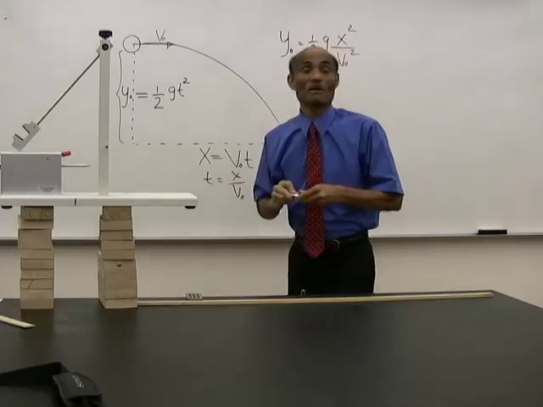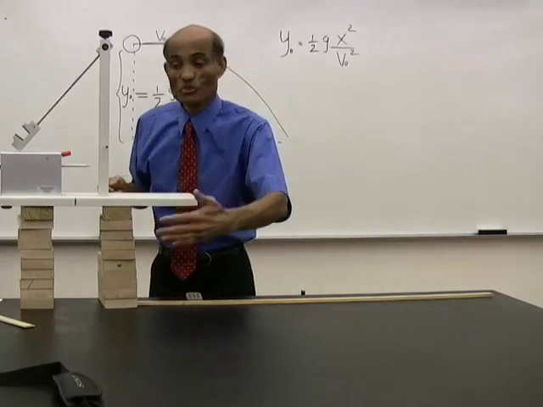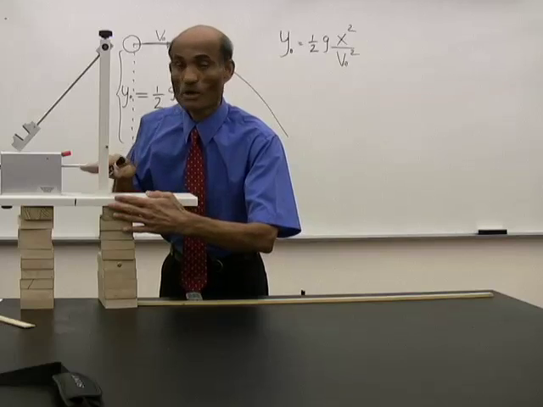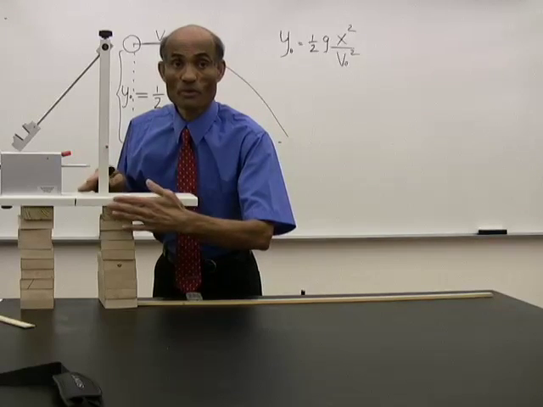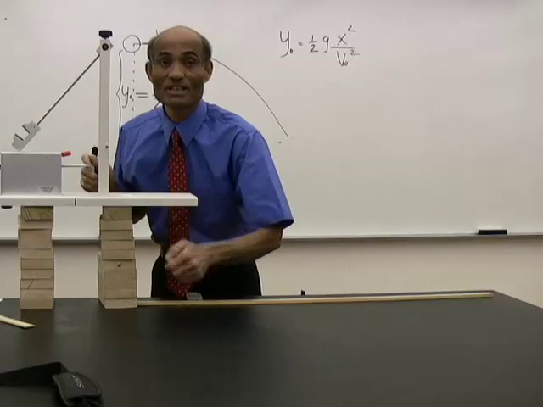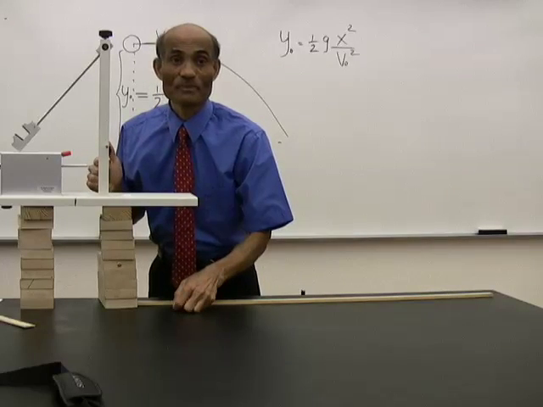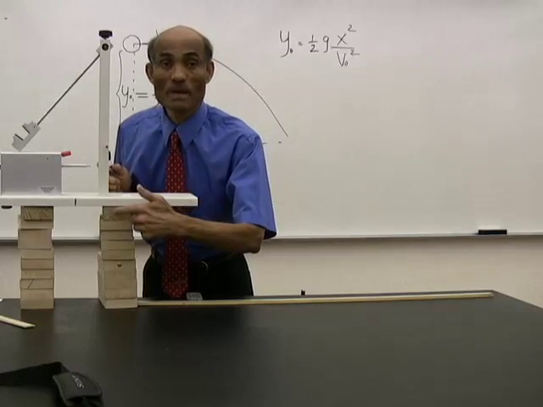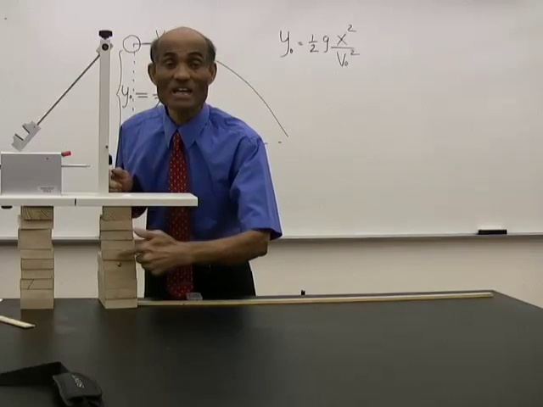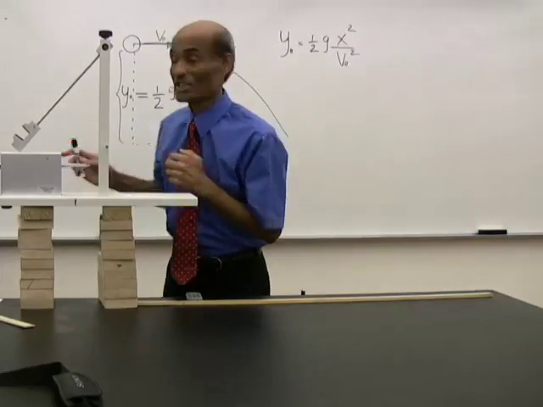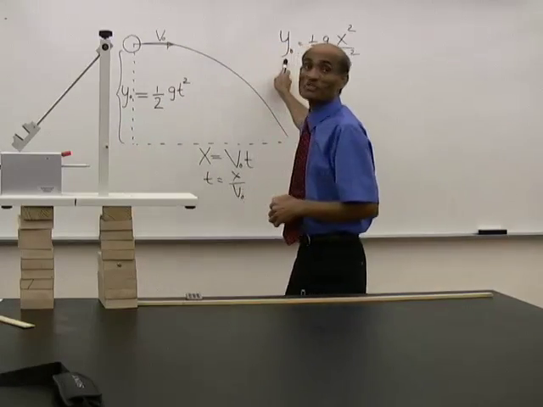What are our variables? Y0 is one variable, x is the other variable. Now in the experiment, I will be asking you to change Y0. You can see I will fire this ball from different heights, and I will ask you to measure that h. Alright? Now, that means your independent variable is h, and your dependent variable, well, it is not h, we call it Y0.